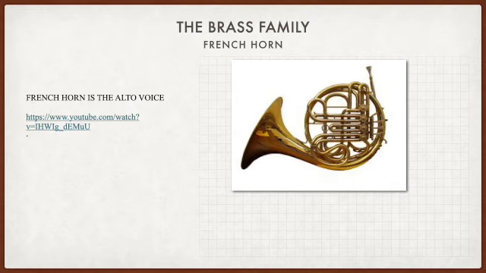The French horn has a 4-octave range, and it uses rotary valves rather than pistons. It has a very small mouthpiece, which makes it difficult for beginners to find the pitches.